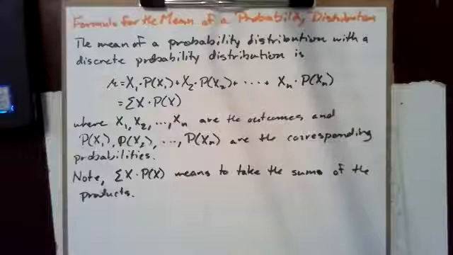That's all equal to the sum of x times the probability of x, where x1, x2, and so on are the outcomes, and p of x1, p of x2, and so on are the corresponding probabilities. Note, the sum of x times p of x means to take the sum of the products.